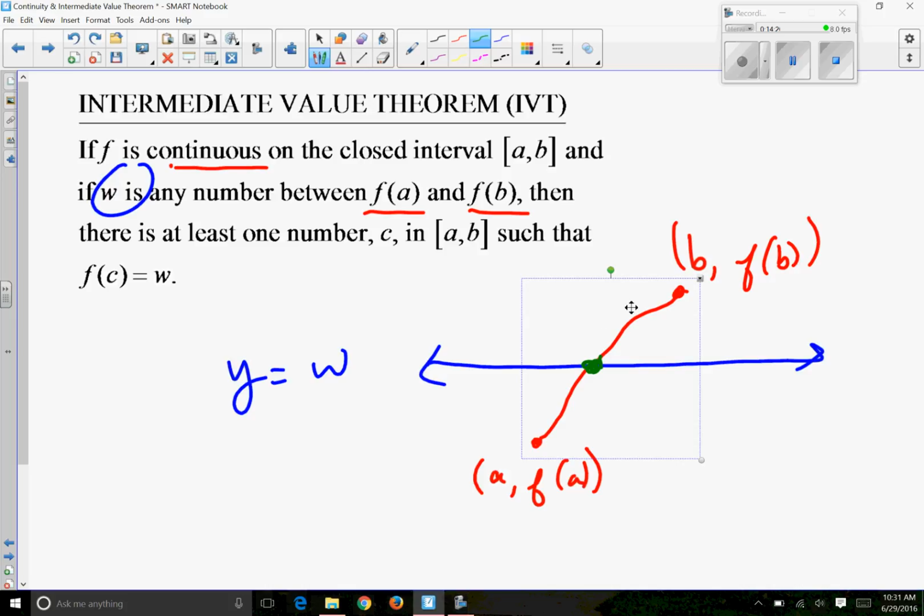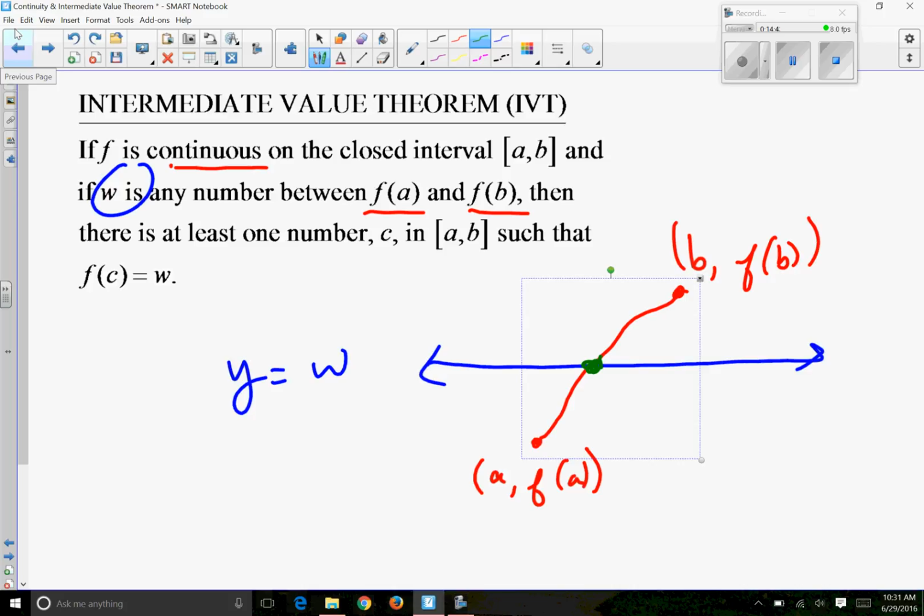The function can't go from below w to above w without crossing y equals w, or vice versa.